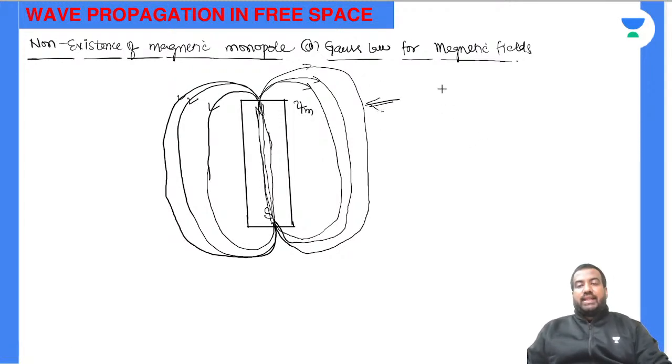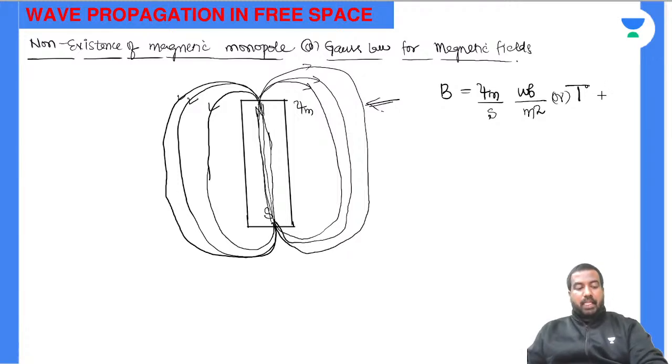You know, magnetic flux density is related to magnetic flux as magnetic flux per unit surface area. Magnetic flux is given in Weber, area in meter square. The unit is Weber per meter square or Tesla, after the great genius Nikola Tesla.